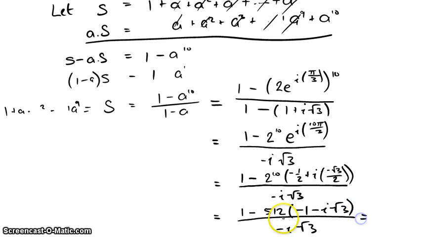You can see the imaginary part is going to cancel, so I just get 512 for the real part. Minus 512 actually. And then minus 171 root 3 times i. So that's what that simplifies to.